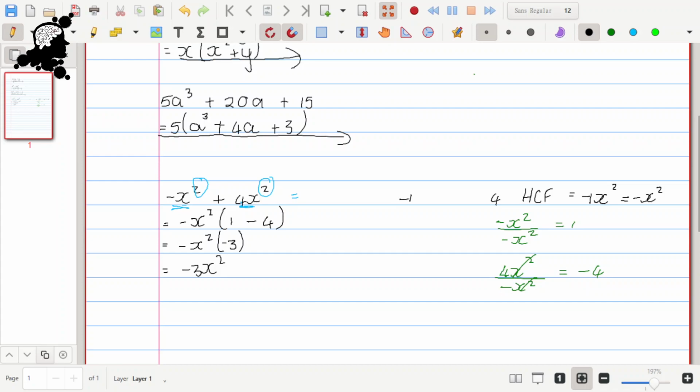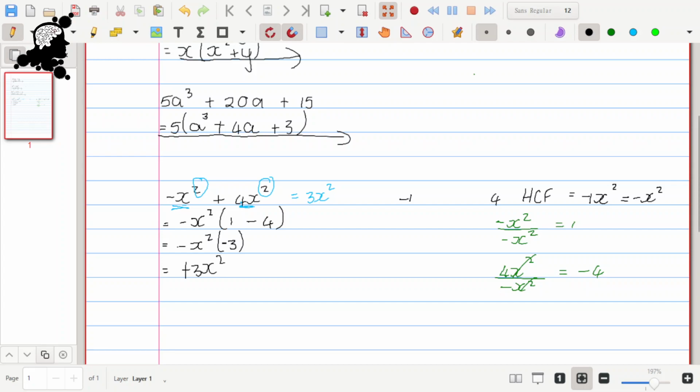This is supposed to be negative 3. Then negative times negative gives us the positive 3x squared, right? So I could have said straight off the bat, negative 1 plus 4 gives us positive 3x squared, because we've got like terms. Awesome. I hope that this makes sense.